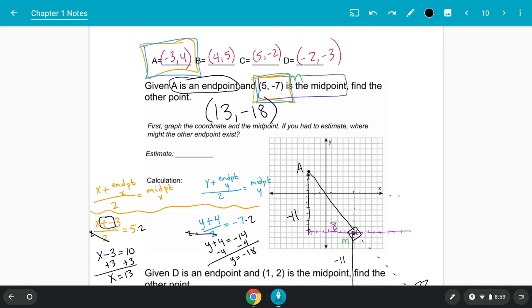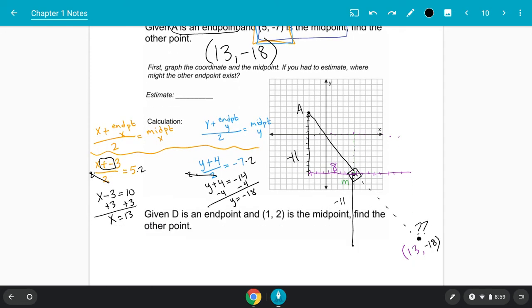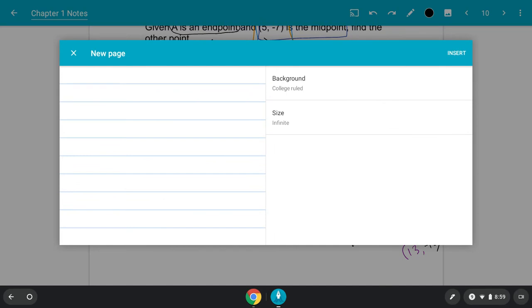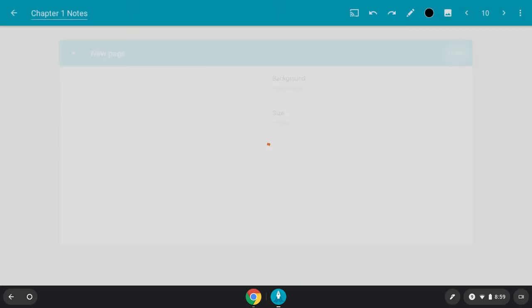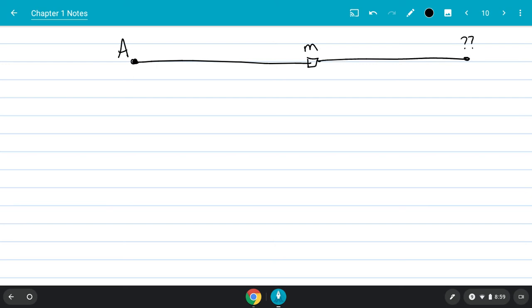So this got a little bit messy, but it's because I was trying to show you a few different things. Here's what I'd like to show you. If this is your A, your endpoint, and this was our M, our midpoint, and we need to find this other endpoint.